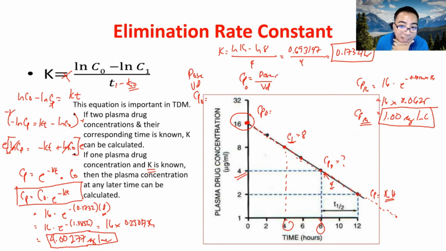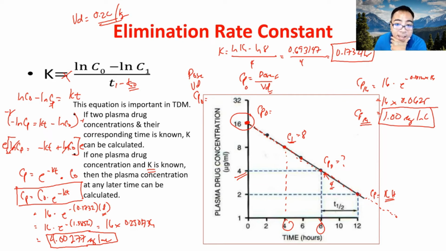Dose is always given to us, right? How much of the drug will be given? The VD you can get from drug literatures. For example, it will say the VD of this drug is 0.2 liters per kilogram body weight. So you just have to multiply it by body weight, and you get the volume of distribution of that given drug. So that's possible.